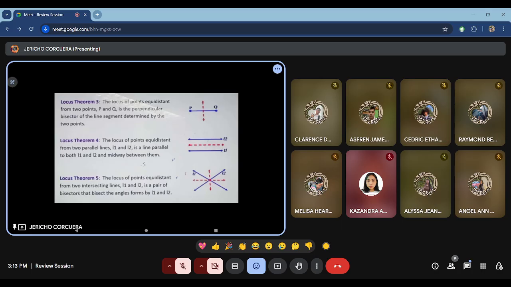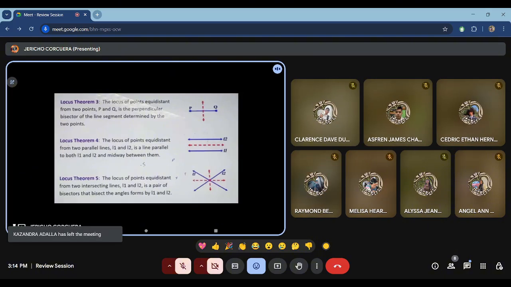The line from point P and the line from point Q going to the locus of points are equidistant. And the locus of points is perpendicular to line segment PQ, as you will see on the figure.